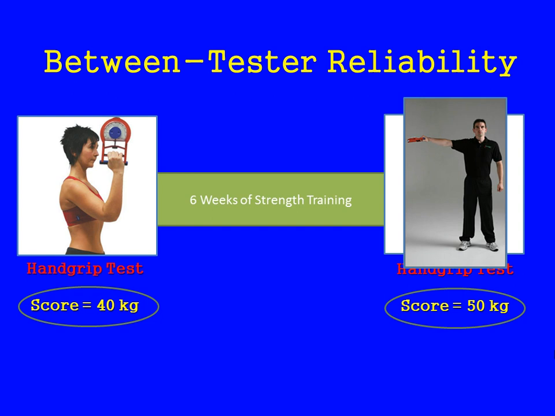And so actually, even though their score has improved by 10 kilograms over 6 weeks, maybe they haven't actually improved their strength at all. Maybe it's just that when they did it in the second week, a different tester asked them to do it in a different way. And again, this is why it's really important with fitness testing that we have a consistent approach to how we do things.